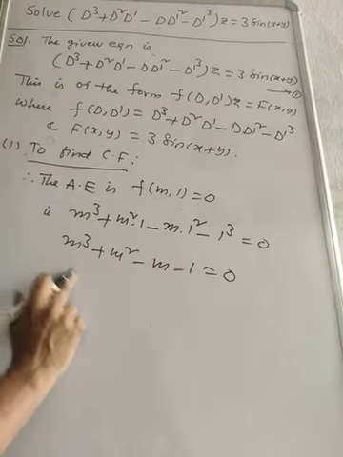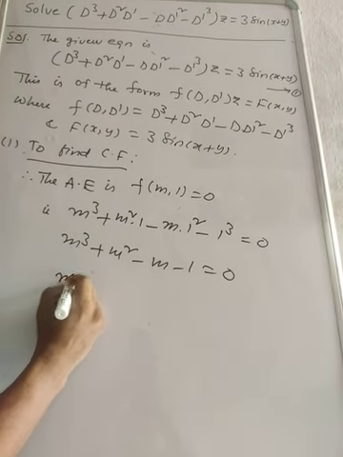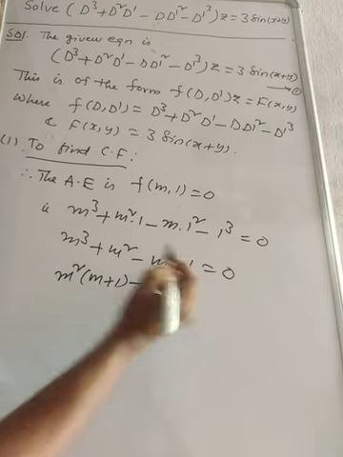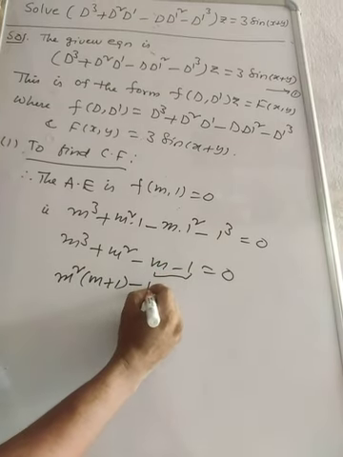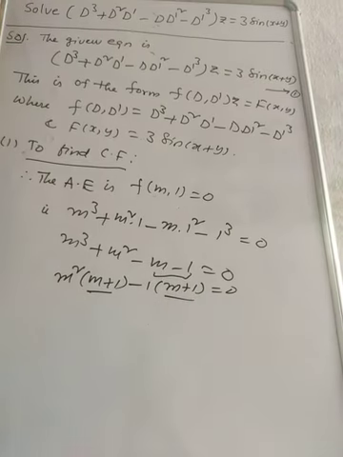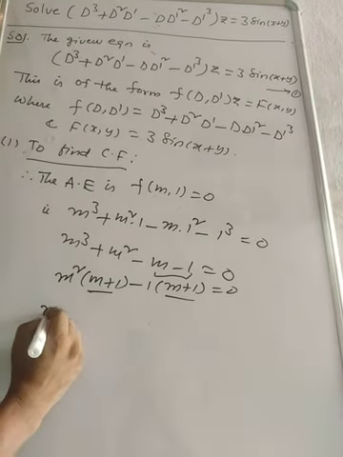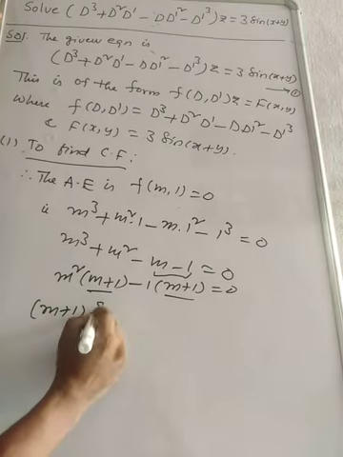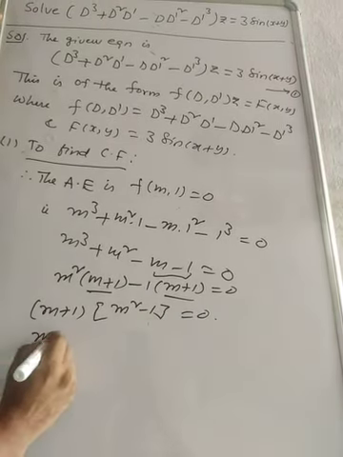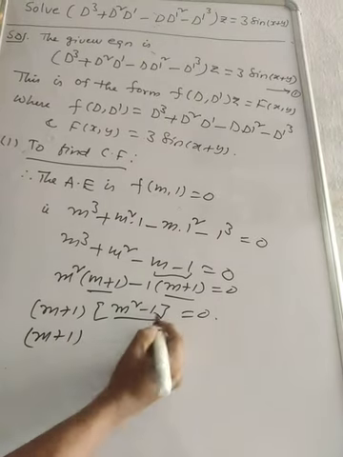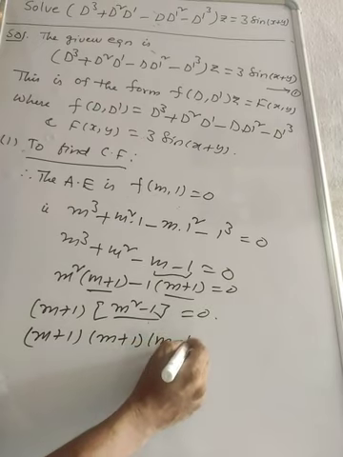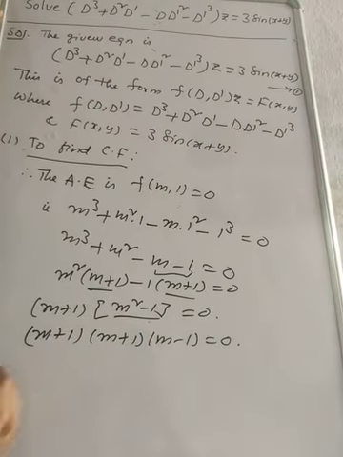Here first take two terms. Common m²(m + 1) minus, here observe that take common −1, that is (m + 1) = 0. Here observe that (m + 1) is a common factor, take (m + 1)(m² − 1) = 0. Here m² − 1 can be written as (m + 1)(m − 1) = 0.